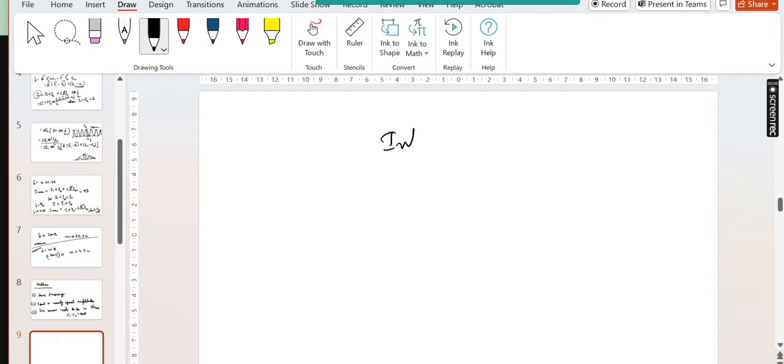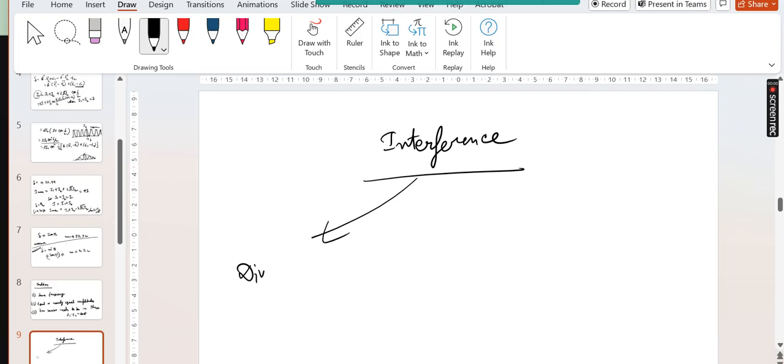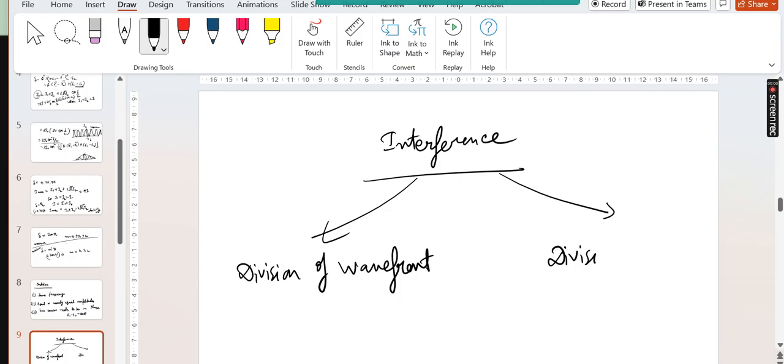So the interference can be due to the division of wavefront, another reason is division of amplitude.